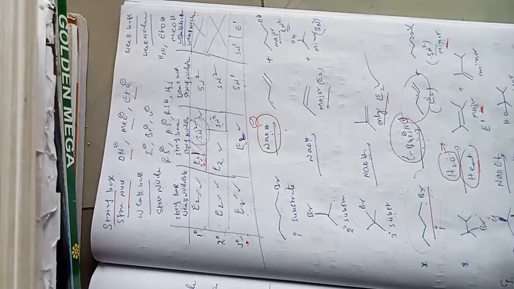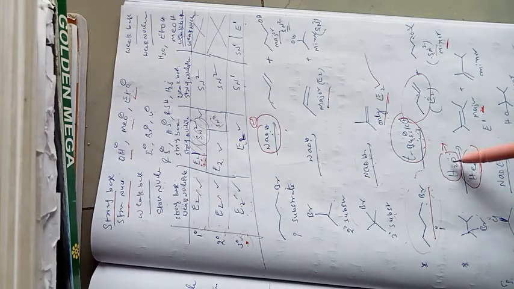Please remember that if the substrate is a tertiary alkyl halide, even a neutral species, for example ethyl alcohol, ethylamine or water as a nucleophile, can act as a nucleophile and it gives the elimination product.